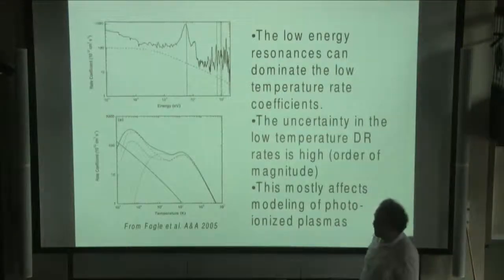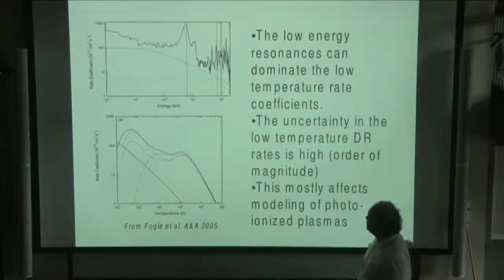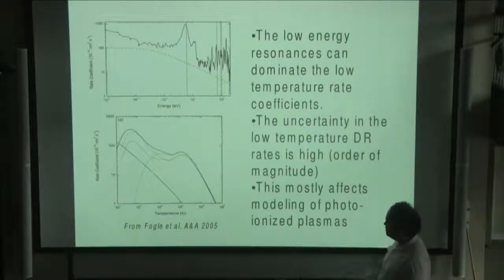How accurately can we get that single resonance in theory? Well, it's very, very hard to get within 60 millielectron volts. So that's going to be the dominant concern when we're considering dielectric recombination rate coefficients from more complex species.